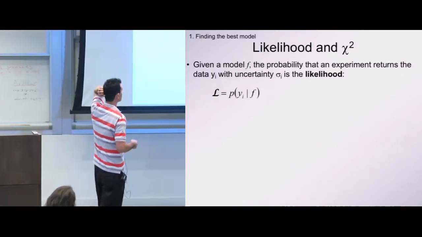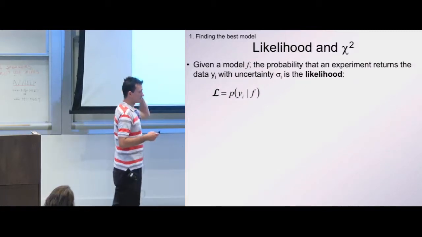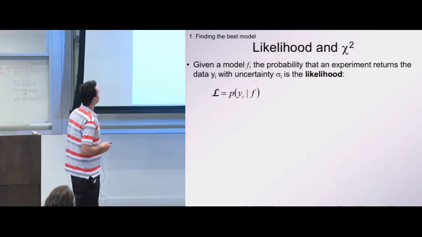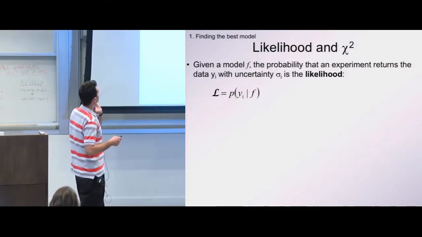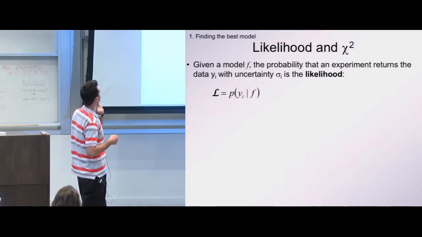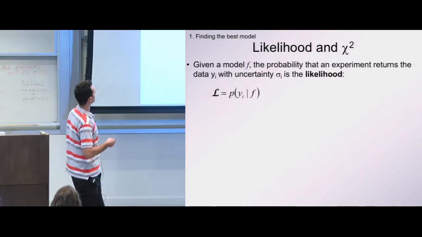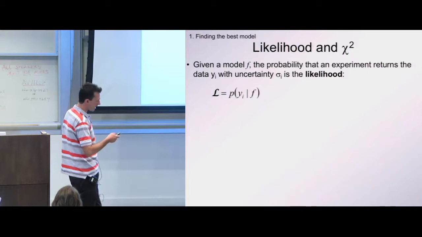Also, Scott introduced that if you want to find the best model, you have to rank models according to some estimators. And in practice, what you do is that, well, let's see how likely is to get this data yi from this model f. And this is the so-called likelihood. So in practice, this is just the probability that for a given model f, you get the observed data yi.